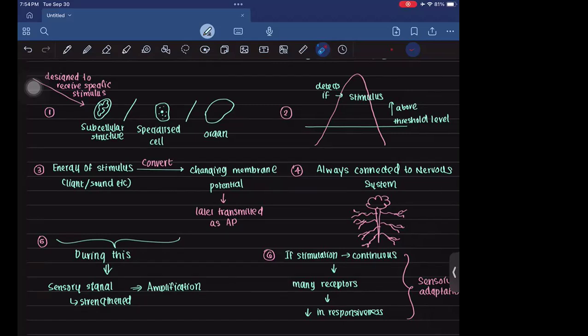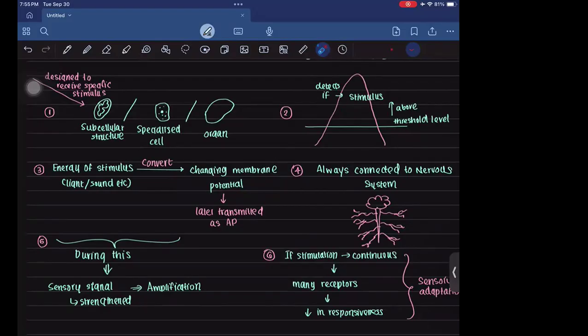The energy of the stimulus, whether it is light, sound, or pressure, doesn't matter, is going to be converted into changing membrane potential, which will later be transmitted to your central nervous system through the neurons as action potential, which means nerve impulses are generated, and ultimately the information is conveyed to your brain.